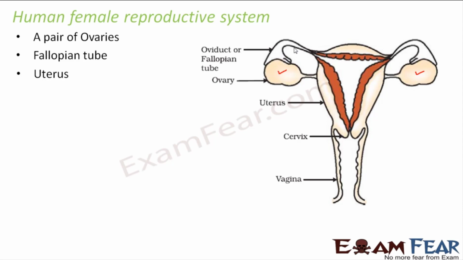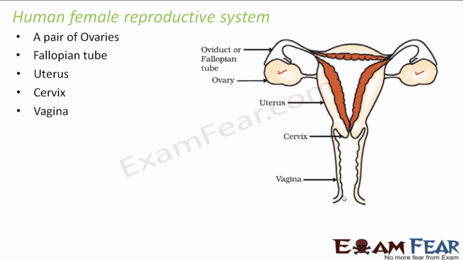So that is why this is a fallopian tube. This is also the fallopian tube. Next is the cervix. So here you can see the uterus ends up in the cervix, and this cervix then opens to the exterior through the vagina. So the vagina is the opening outside, right? As I said before, in females, as they reach their teenage or puberty, the menstrual cycle starts.